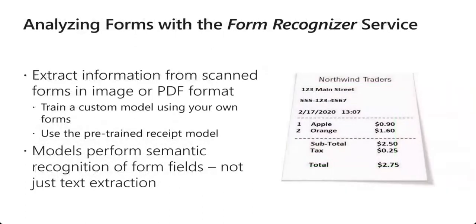And last but not least is analyzing forms. So the Form Recognizer service offers more than just detecting and extracting text. It enables you to use models that understand the form fields. For example, identifying specific types of data such as addresses, phone numbers, dates, times, quantities, and then understanding the relationship between the field labels and values.